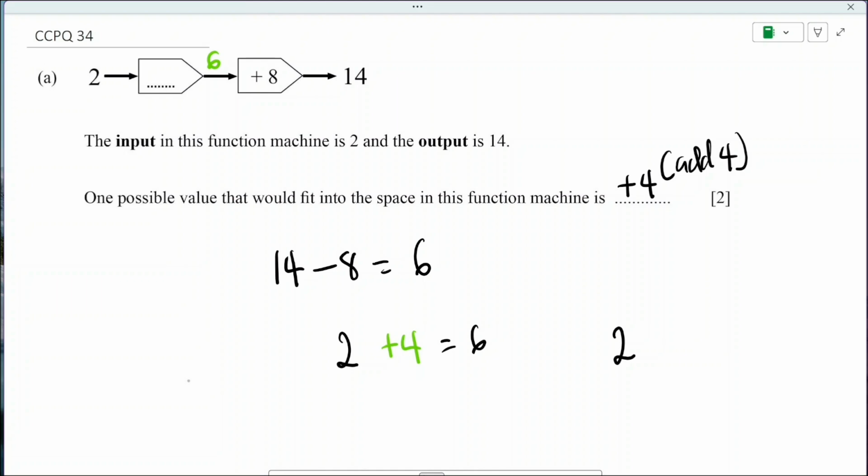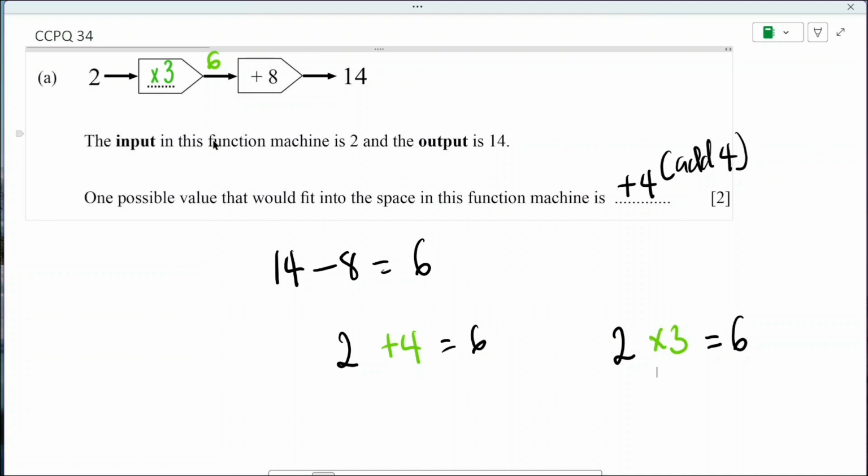We leave space, we have equals the output, which is 6. What can we multiply by 2 to give us 6? We multiply by 3. So we can have here times 3. 2 times 3 will give us 6. So another possible value that could fit into this empty space is times 3, or multiply by 3.